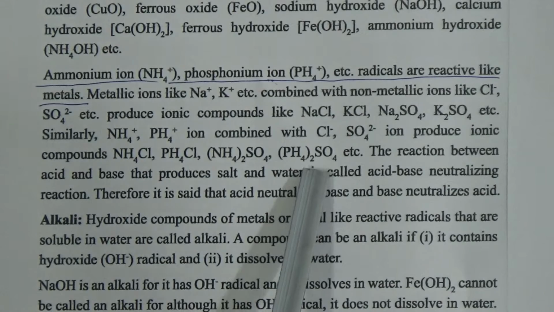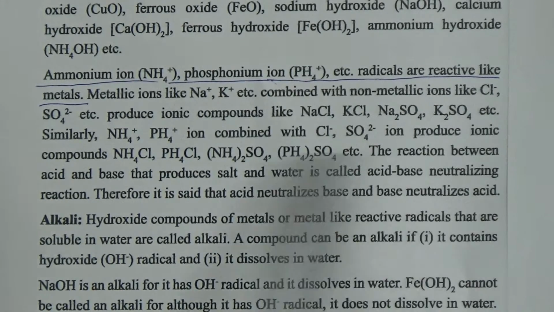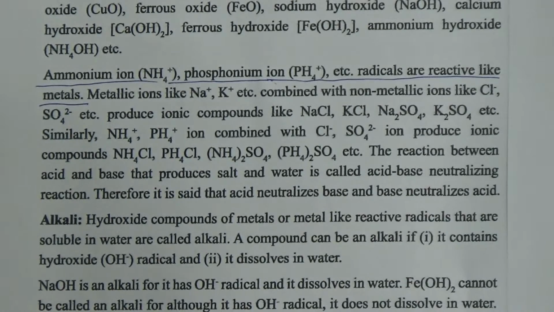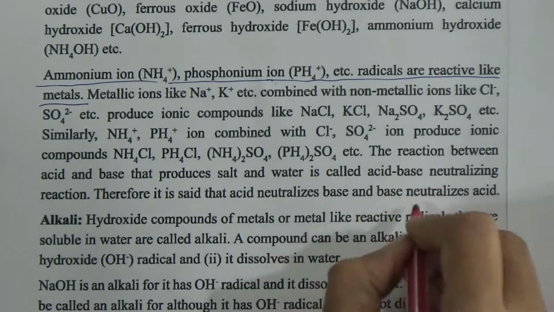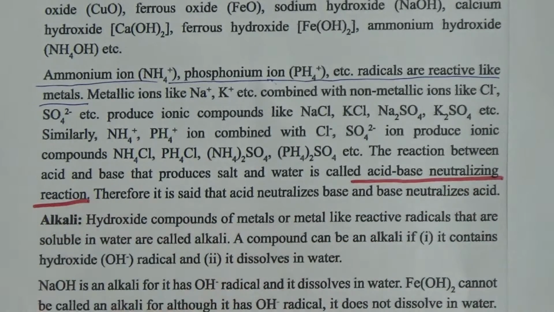That's why when ammonium hydroxide reacts with hydrochloric acid, it also produces salt and water, and the reaction between acid and base that produces salt and water is called acid base neutralizing reaction, also known as neutralization reaction.